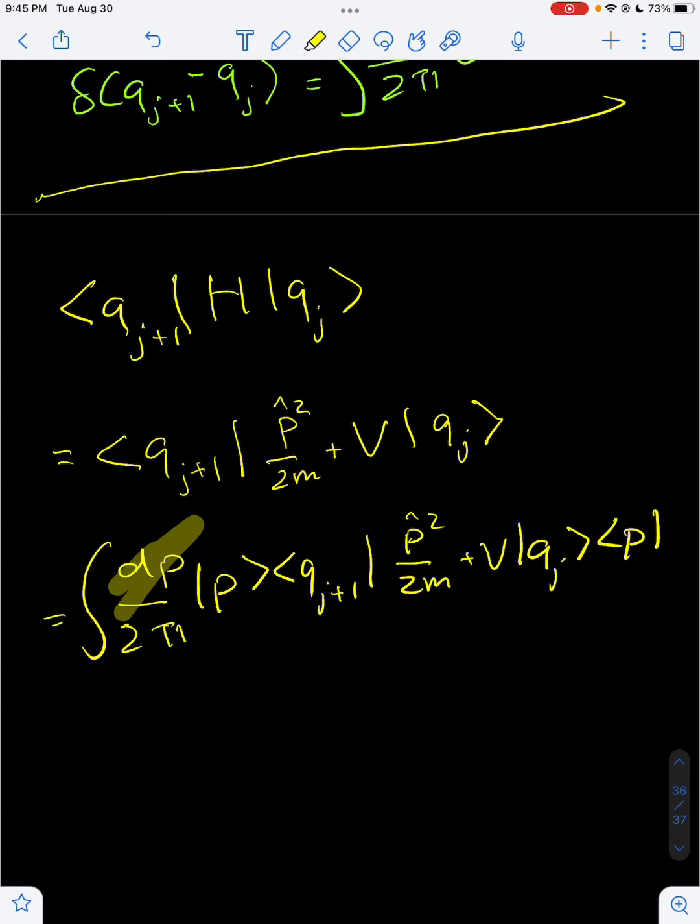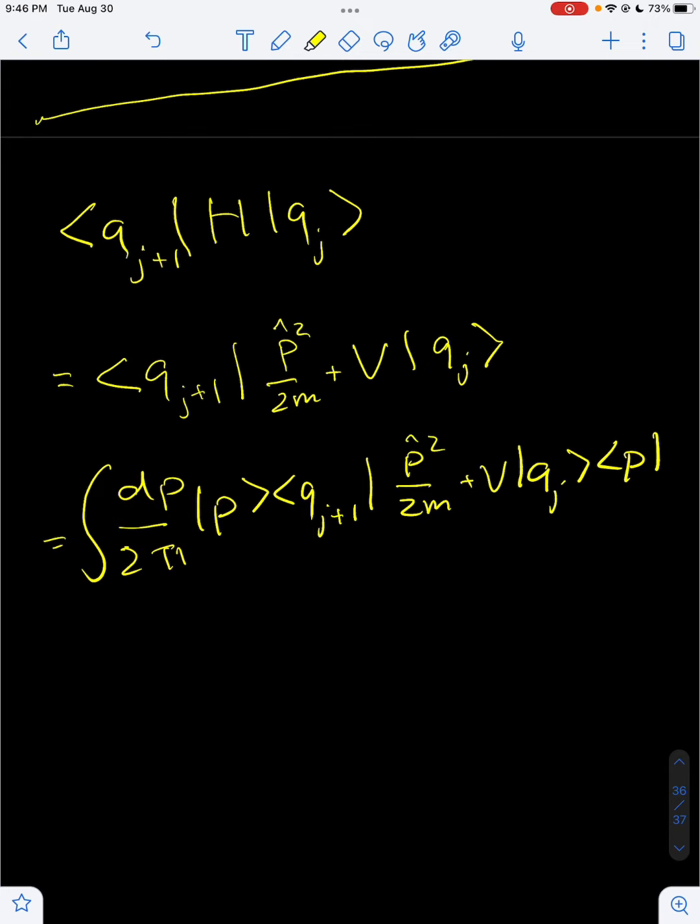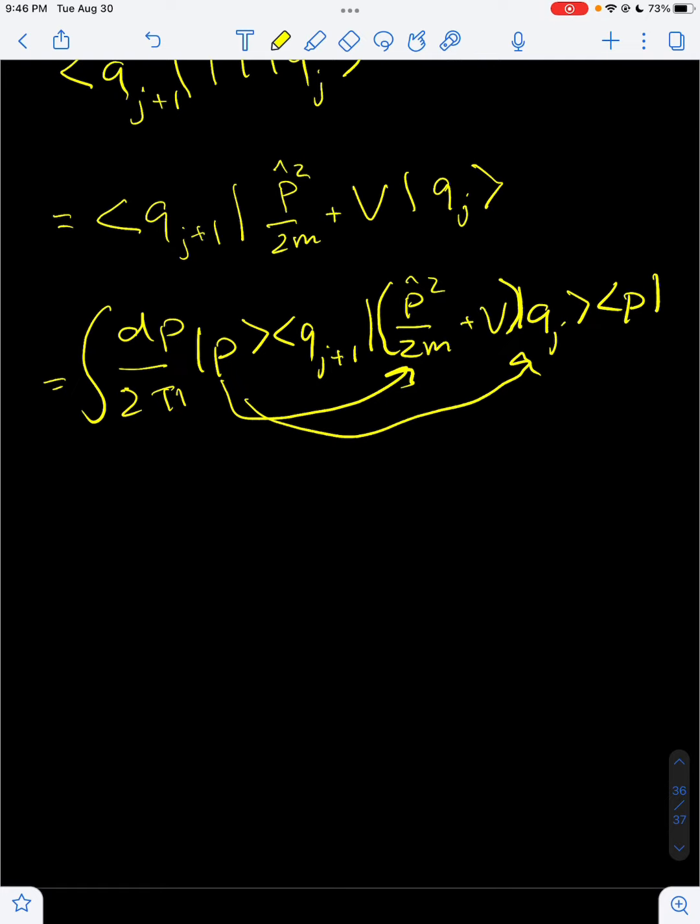So here is the completeness relation. All right. So we can just distribute this momentum state into our term. Oops, I should really put parentheses around here. So doing that gives us the integral dp over 2 pi of <q_{j+1}|.